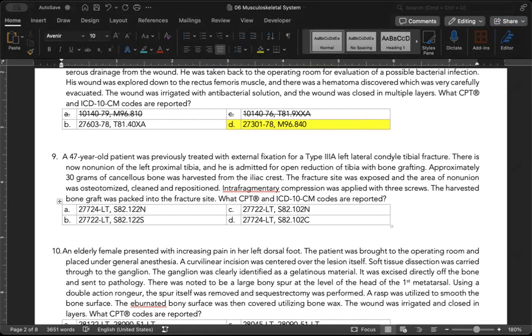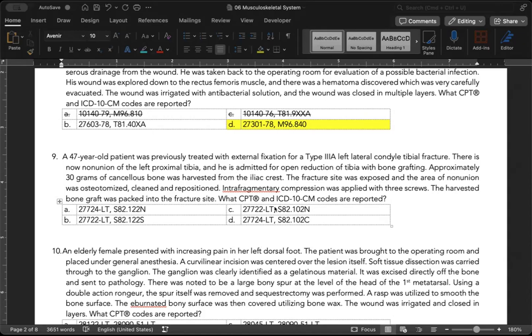Approximately 30 grams of cancellous bone was harvested from the iliac crest. The fracture site was exposed and the area of non-union was osteotomized, cleaned and then repositioned. Intrafragmentary compression was applied with 3 screws and the harvested bone was packed into the fracture site.